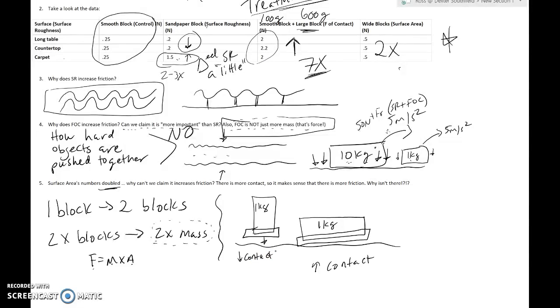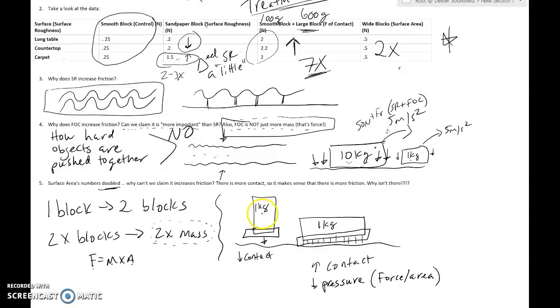So just looking at that, you would think, okay, this one right here should be harder to move because there's more friction. In fact, that's not the case, because while the contact has gone up, there's less pressure. And remember, pressure, like we talked about in class, is just force divided by area, meaning that there's less force on every single point where it's touching the ground, right?